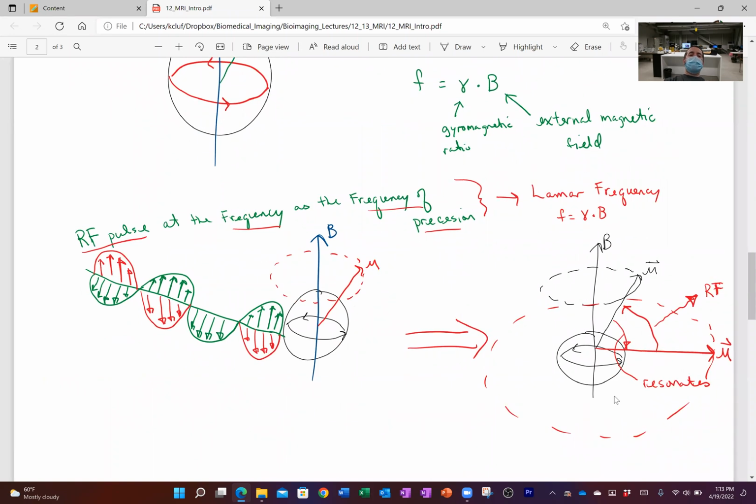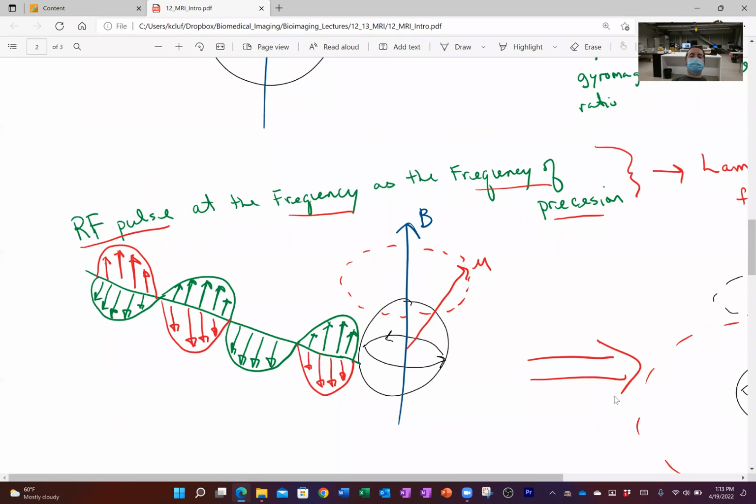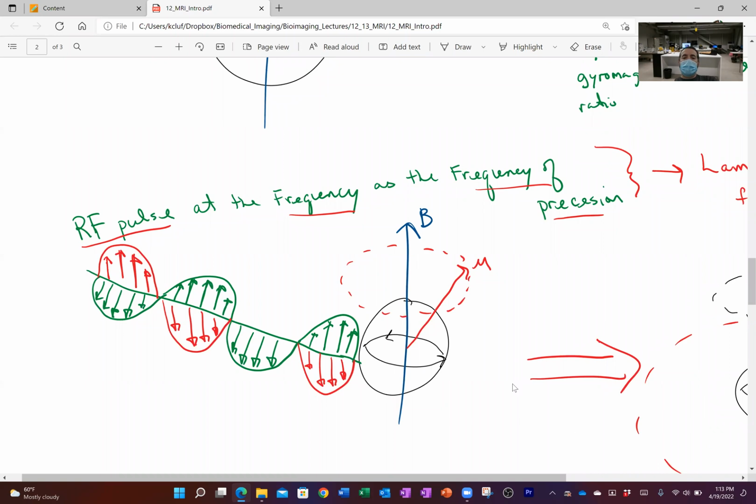So if we take a look at a scenario where we have a hydrogen atom that is spinning, producing a small magnetic moment, and we put it in the presence of an external B field, the magnetic moment of this hydrogen atom will align with the external B field, but it won't align perfectly. Instead, it'll precess about the external B field.